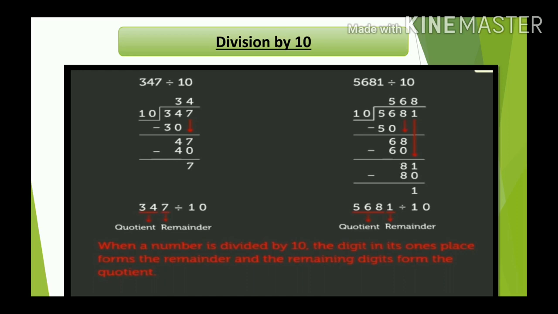So from here you can see when a number is divided by 10, the digit in its ones place forms the remainder and the remaining digits form the quotient. Because in 10 there is only one 0, only the ones place will be the remainder and the remaining numbers will be your quotient.